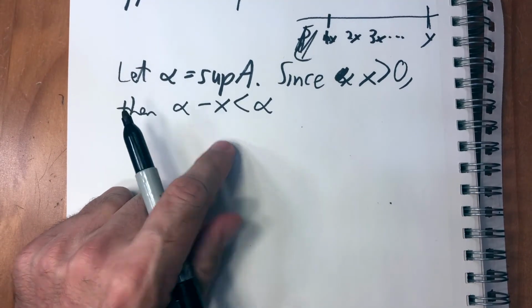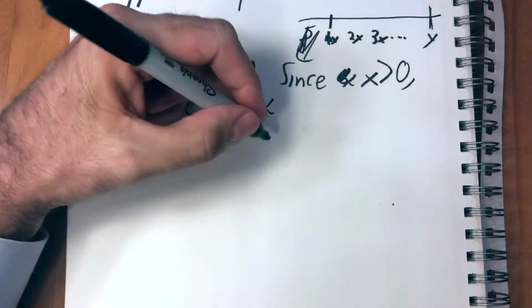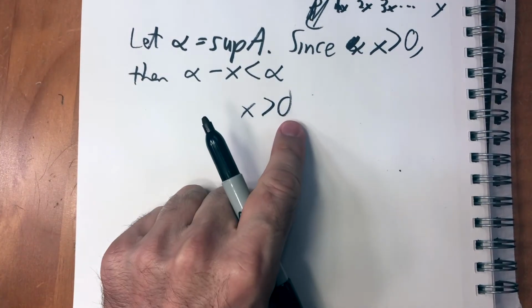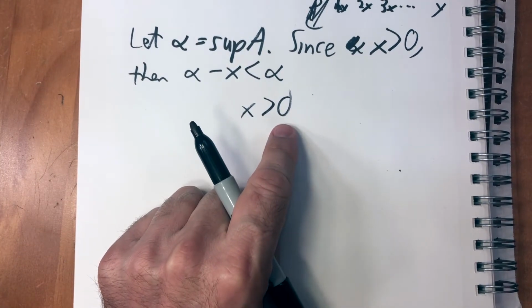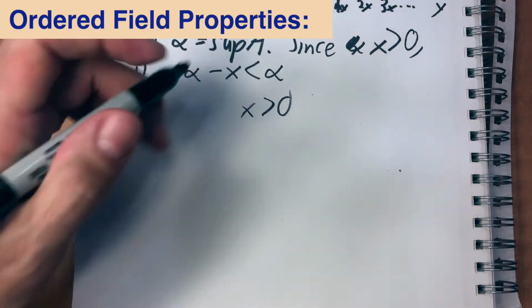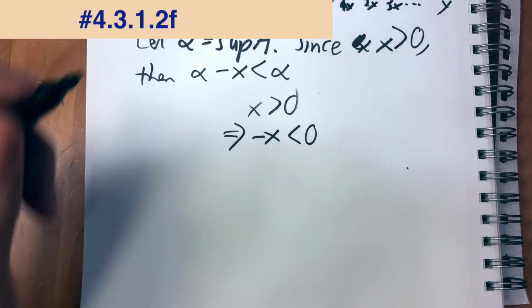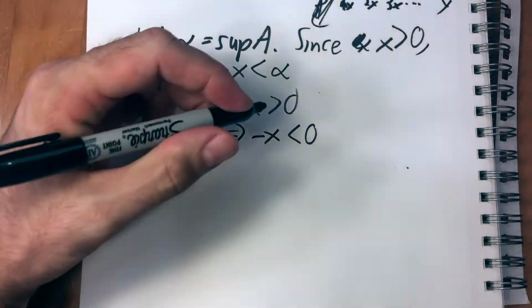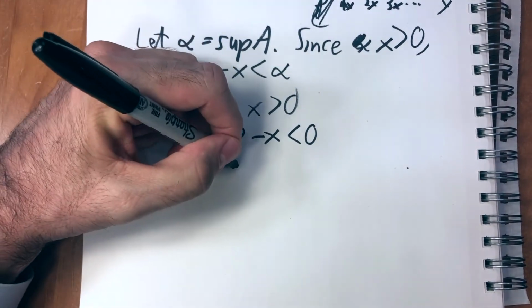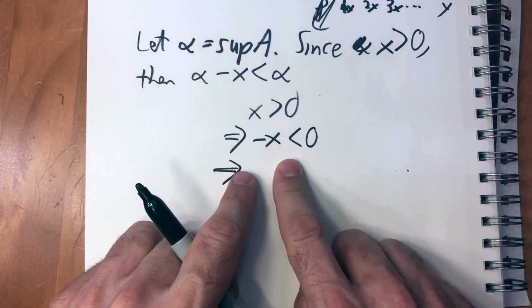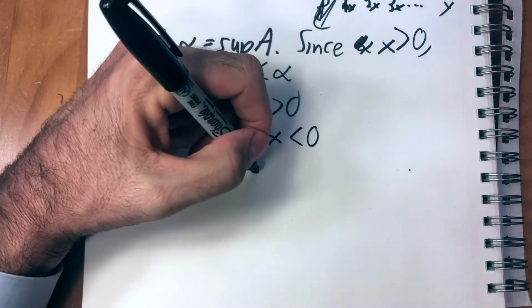Here's how. So we start with x is greater than 0. One of our properties said that if x is greater than 0, then minus x is less than 0. Another property says that we can add the same thing to both sides without changing the inequality.